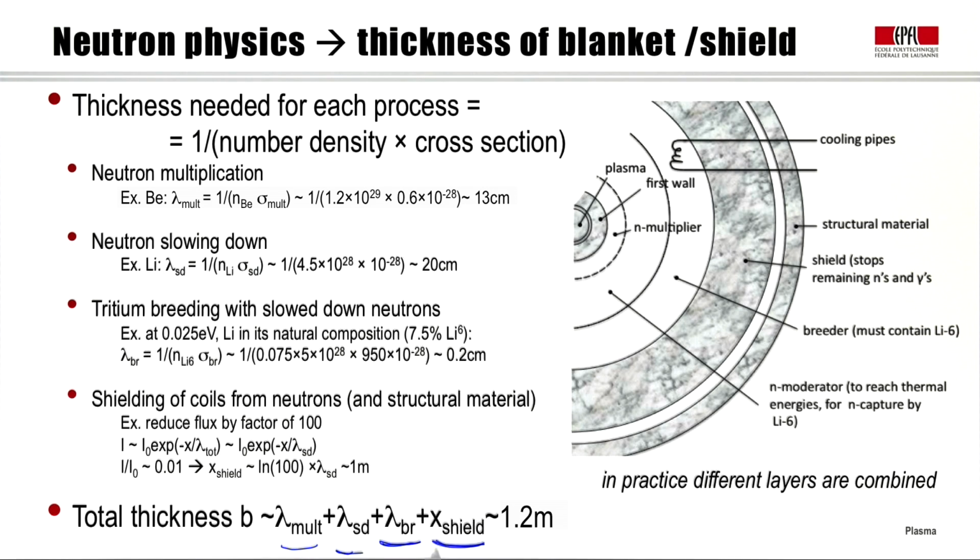And the thickness needed to shield the coils from the neutron flux, and that in fact is the dominant factor. So we get about 1.35 meters of thickness for the blanket and shield. However, considering again that the different layers are combined and that this exercise aims at providing only a rough estimate, we can assume a slightly lower value, say of about 1.2 meters.